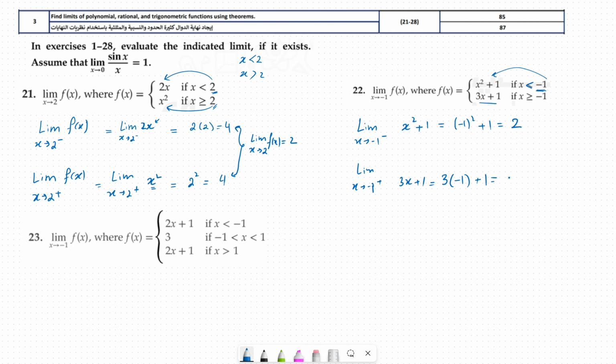That will give me minus 3 plus 1, which is minus 2. Now notice the two limits from the left and the right are not equal. If this happens, then we say that the limit of f of x as x approaches minus 1 does not exist.